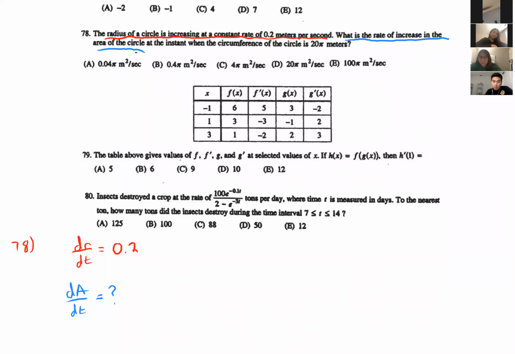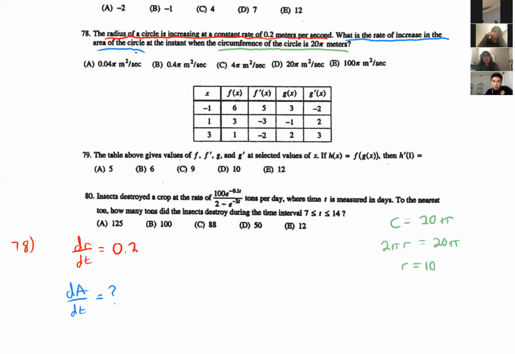Okay, so right here, the circumference is 20 pi. And there's different ways you could do this. Don't feel like you have to do it exactly how I'm doing it, but I would say the circumference is 2 pi r for a circle. So when you divide both sides by 2 pi, you want to find out at the moment the radius is 10, what the rate of change is of the area.